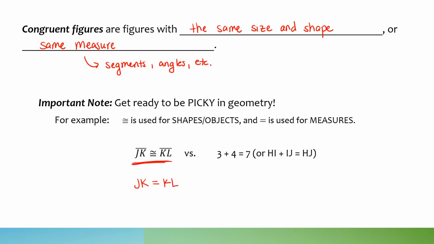So those are really similar, but ever so slightly different statements. Likewise, on the right-hand side there, we can say numbers are equal. Okay, so then the measures, JK and KL, the lengths are equal. Or of course, we can write equations like we did for betweenness and use equals. Okay.